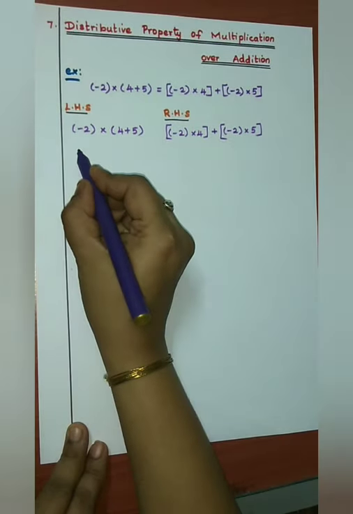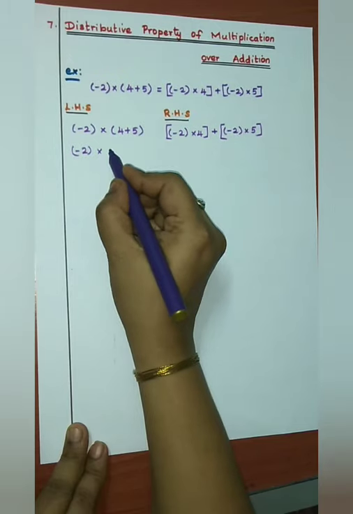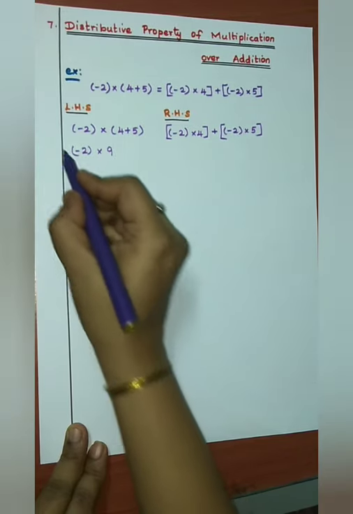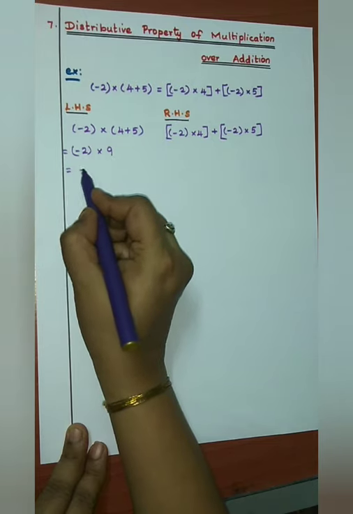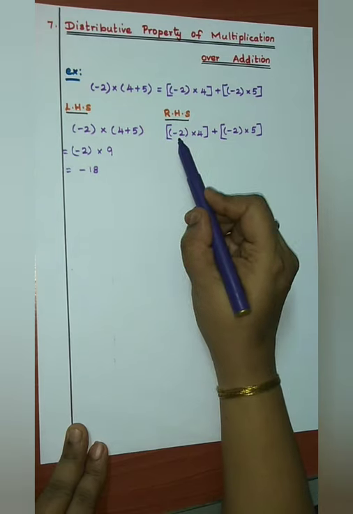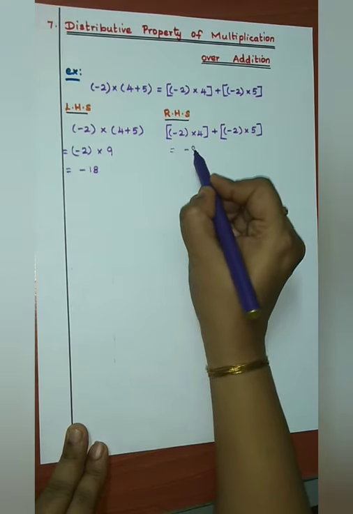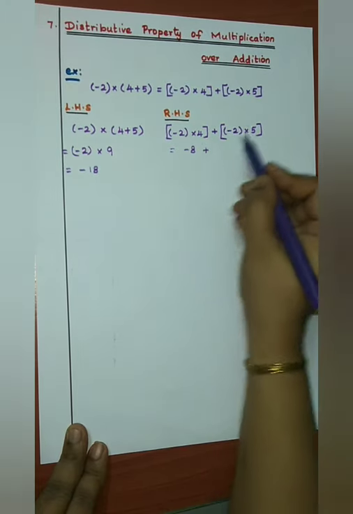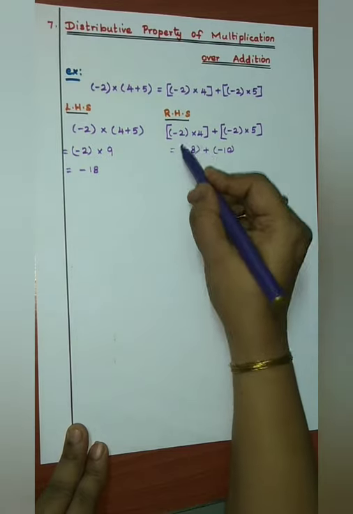Left hand side, minus 2 into (4 plus 5), which is 9. So this is equal to minus 2 into 9, minus 18. Right hand side, minus 2 into 4, minus 8, plus minus 2 into 5, minus 10.